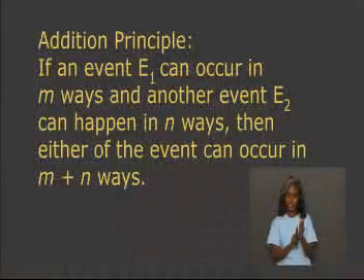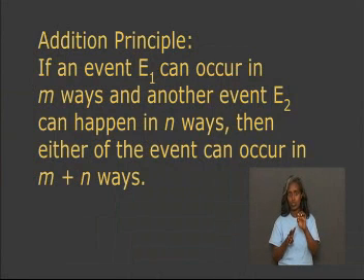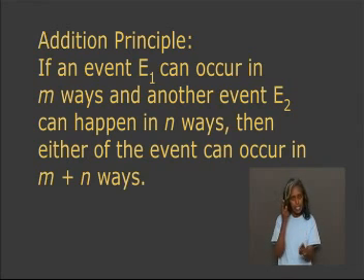Very good, students. Now we will learn the addition principle. If 2 events called E1 and E2 can happen separately in exactly m ways and n ways, then either of the 2 events can occur in m plus n ways.